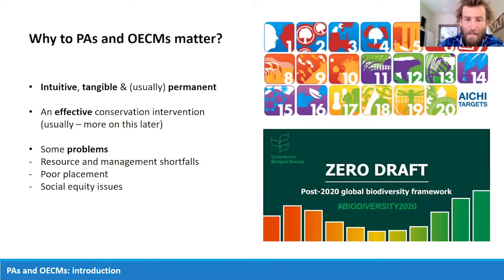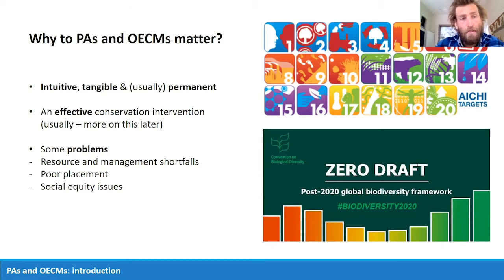But ultimately, whatever the zero draft of this post-2020 biodiversity framework looks like, we want to be able to learn from what made area-based conservation successful, what the failures were in the past decade, and in particular, how we actually resolve these problems that have been apparent, not just in the last decade, but for a long time before that as well.